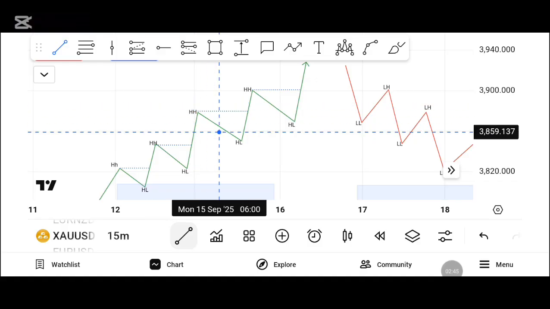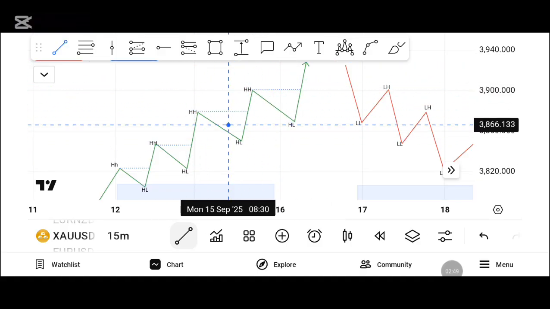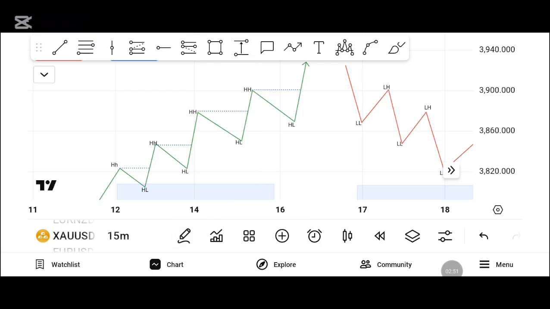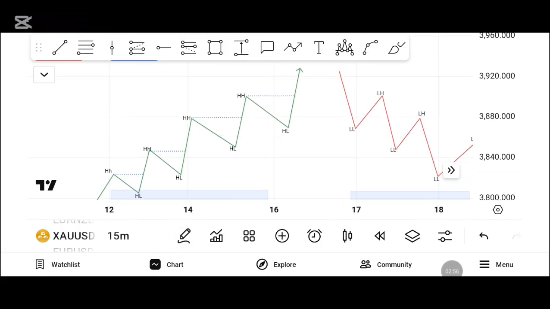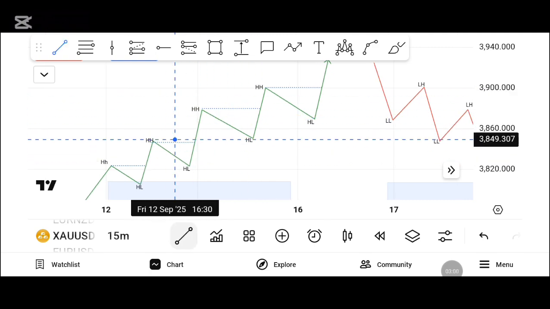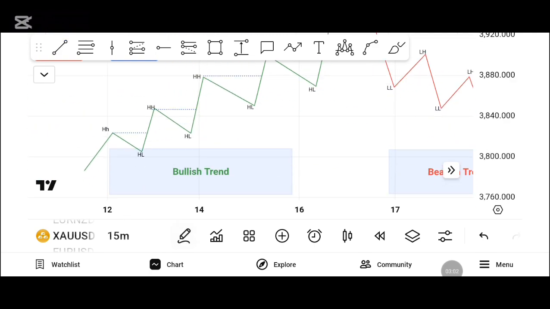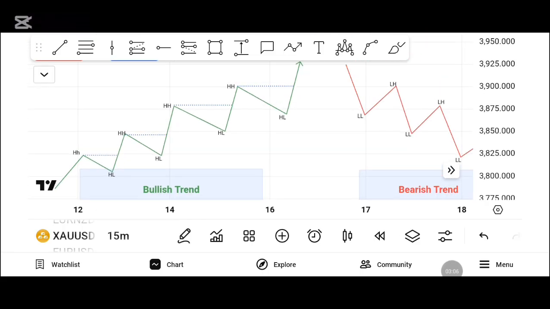I believe you understand this swing move. I've already explained this in my previous video, so I won't be taking much time on this aspect. So this is a bullish swing, or bullish trend.